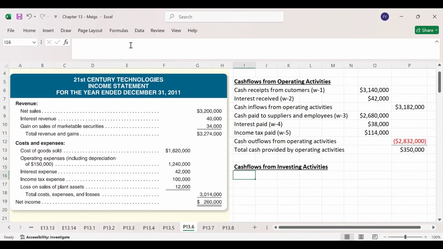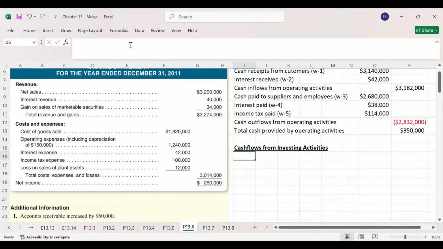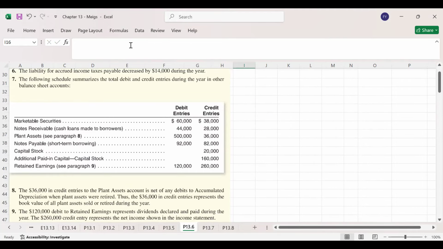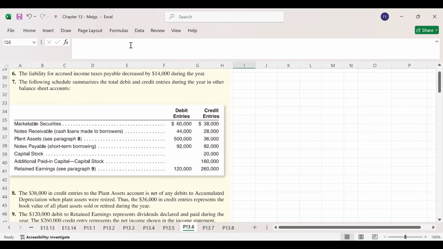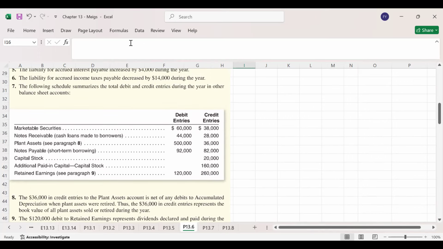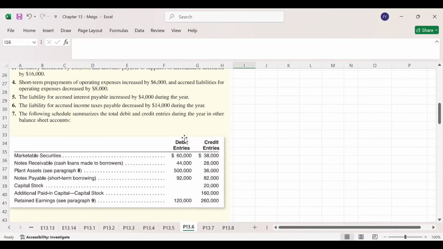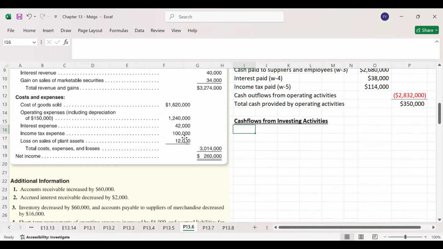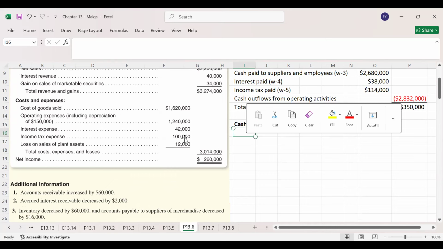Investing activities. In investing activities, first of all, you can see that here we have marketable securities, which is a debit entry. Marketable securities is our investment.